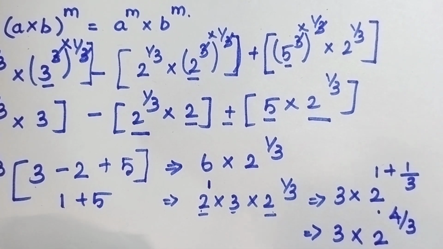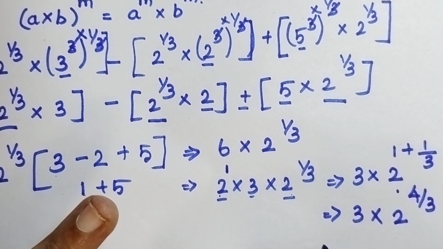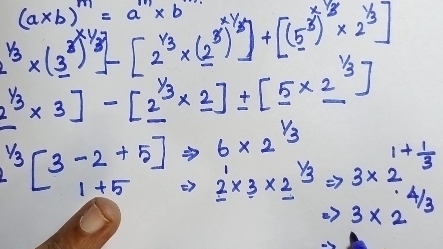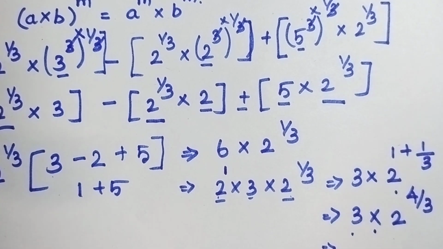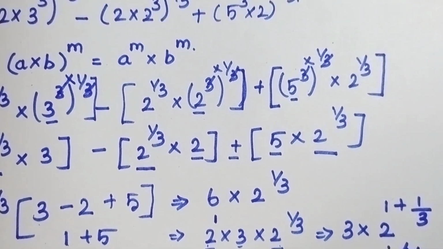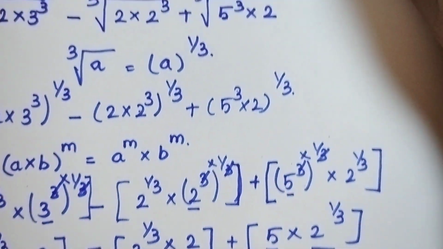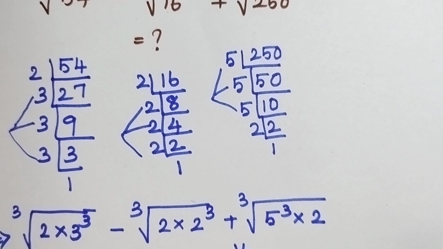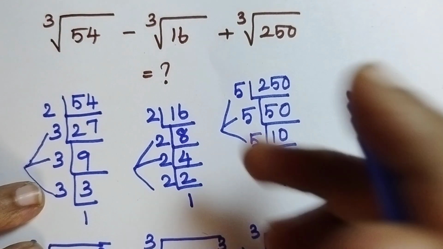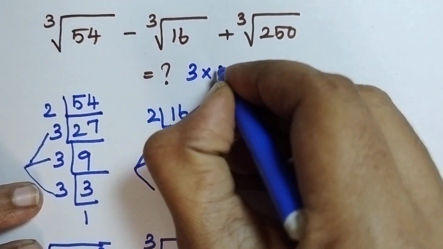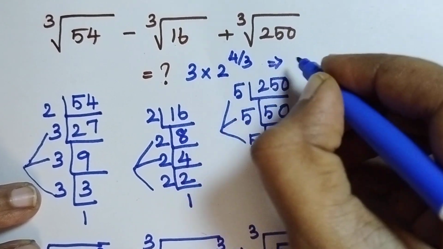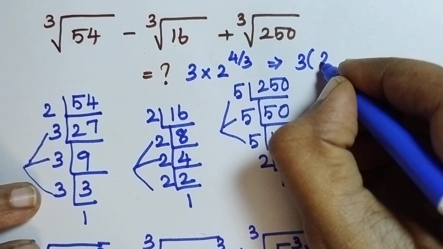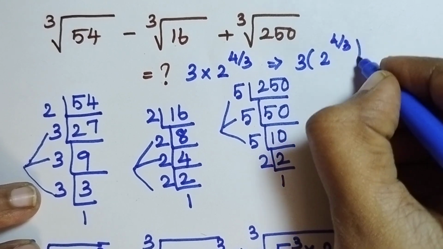Therefore, the answer for this complicated sum is 3 into 2 power 4 by 3.